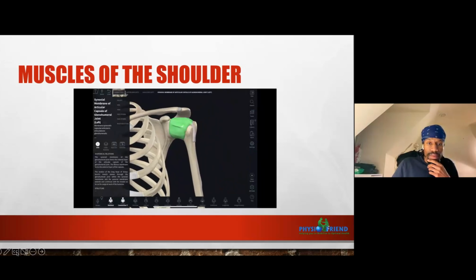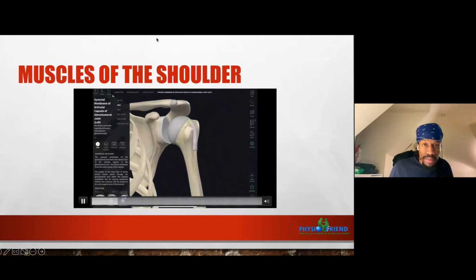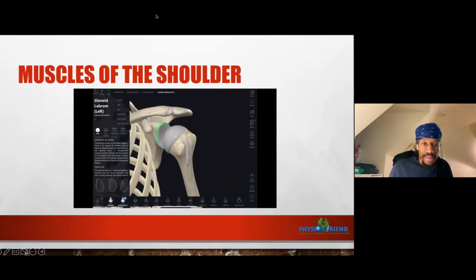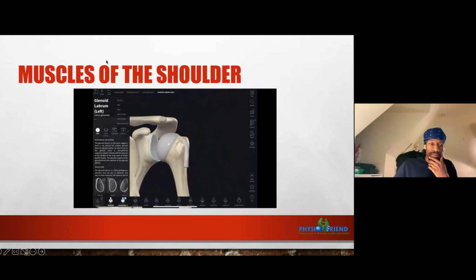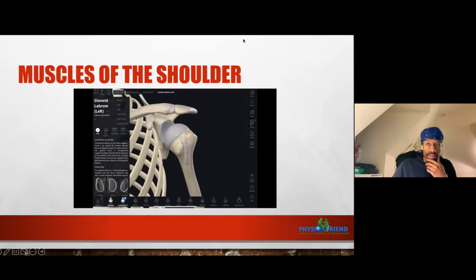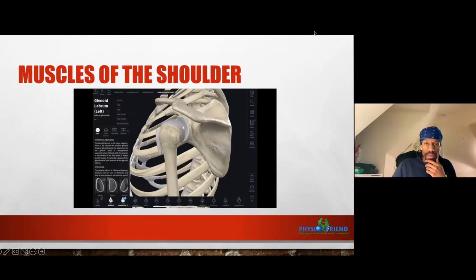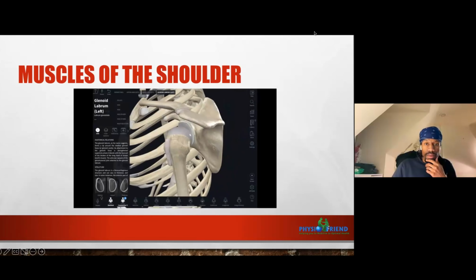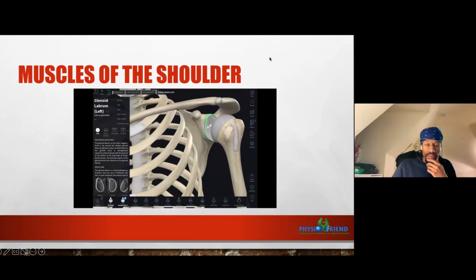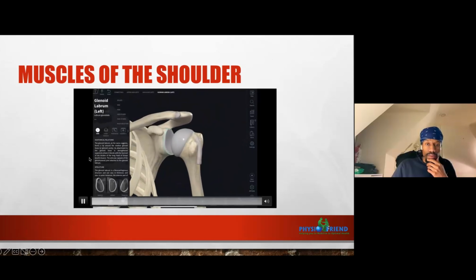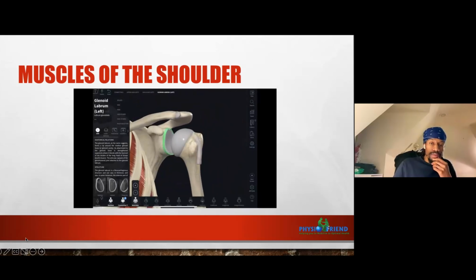Holding both of these tightly is the capsule of the glenohumeral joint, and this is where problems like frozen shoulder arise. Here we have the glenoid labrum, and that allows the head of the humerus to fit a little bit more inside the socket. Without it, the joint becomes a little bit more shallow.